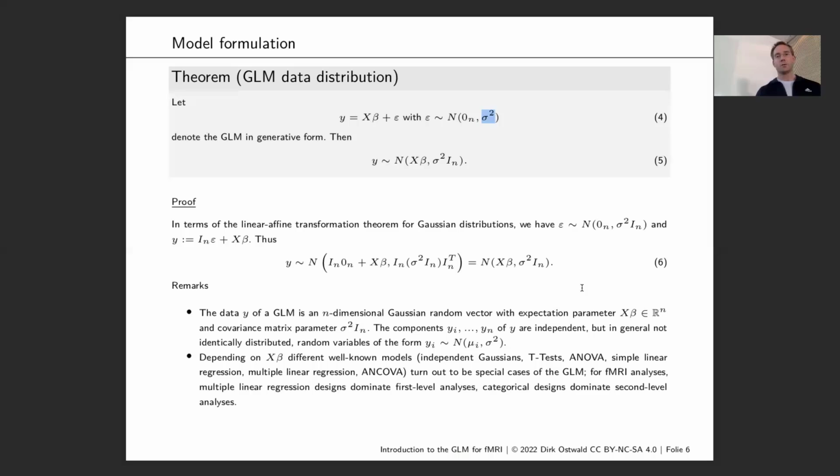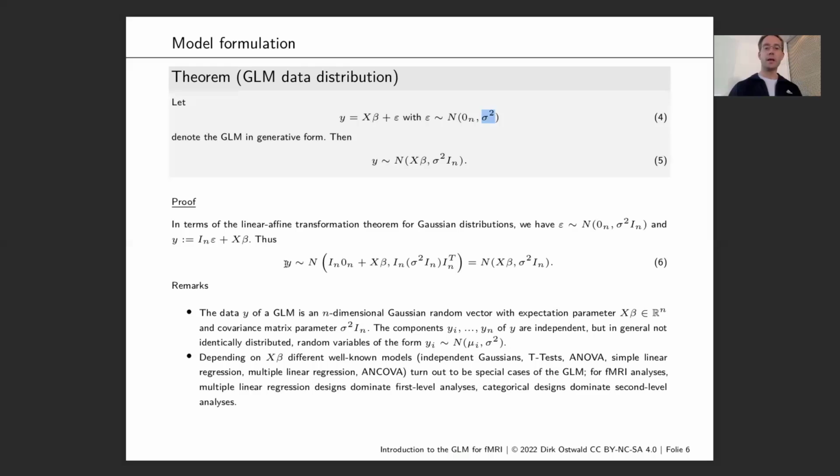So yes, the errors in the model are assumed to be Gaussian, and these are not errors in terms of residuals. We haven't talked about residuals or estimating anything yet. This is just the probabilistic model. The errors are assumed to be normally distributed. They are also assumed to be identically distributed and independently distributed.